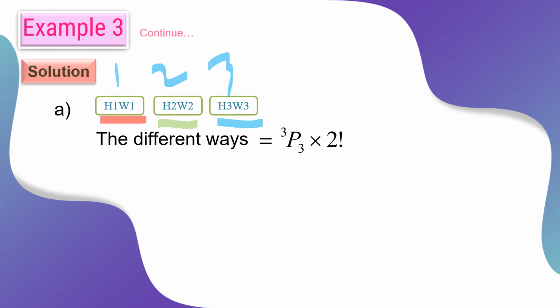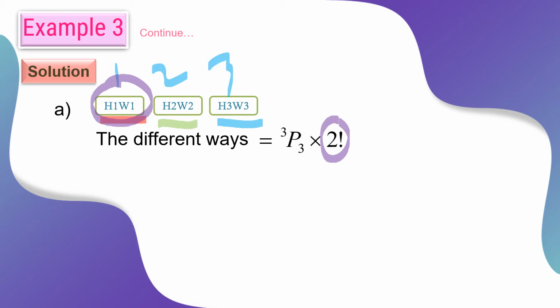Why multiply by 2 factorial? The 2 factorial is for the first couple, because the wife and husband can interchange positions, becoming husband and wife. Then you multiply by another 2 factorial for the second couple, where again you can interchange husband and wife.